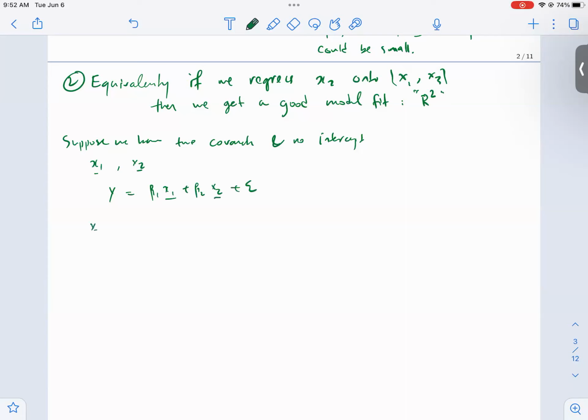And suppose x2 is 3 x1. One can be explained in terms of the other linearly. I can plug in x2 in there, right? So under these two, this model is equivalent to y equals beta 1 plus 3 beta 2 times x1 plus 0 x2 plus epsilon.